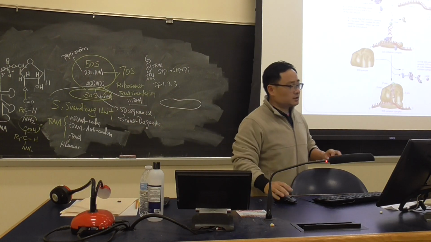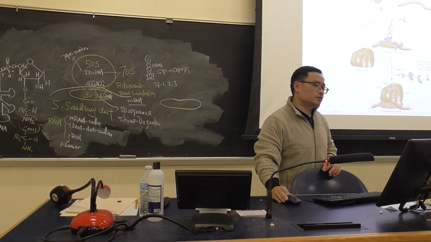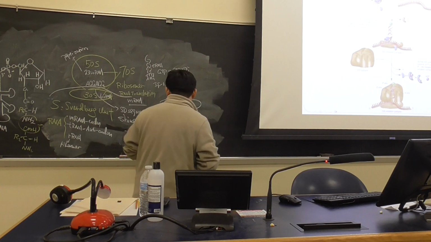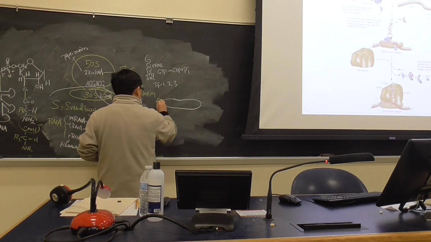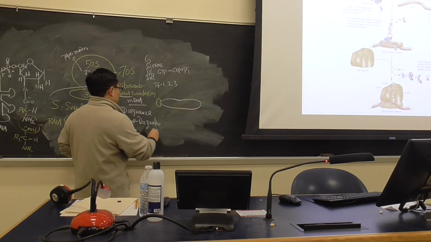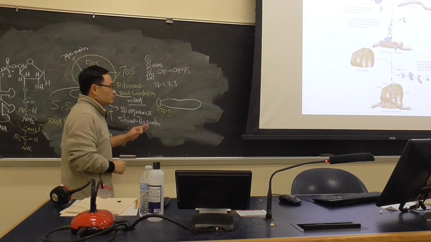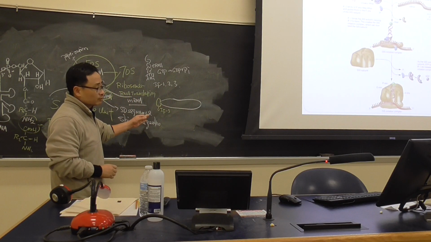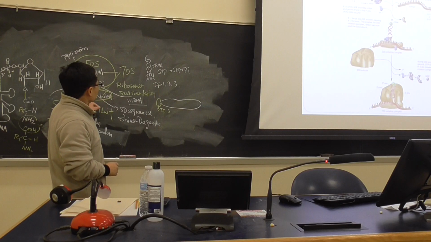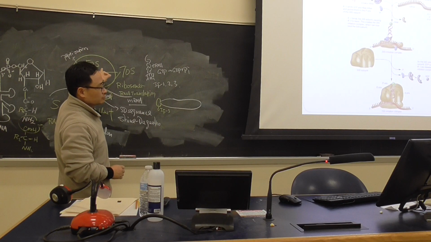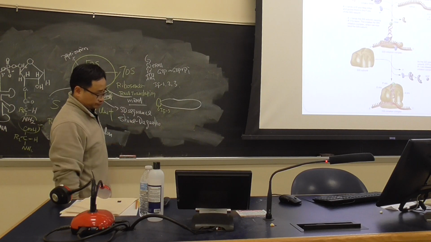So what you can see here is, originally, initiation factor 3 is attached to here. Okay, right here is initiation factor 3. So make sure at that moment, the 30S and the 50S subunits are separate.